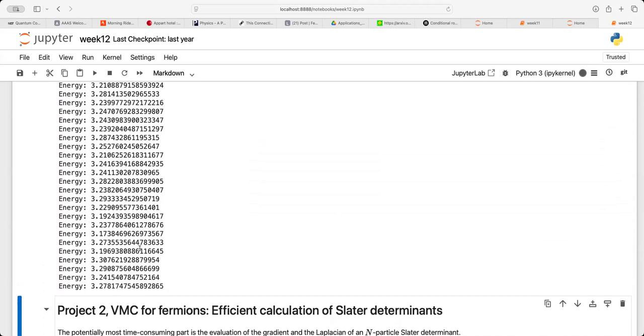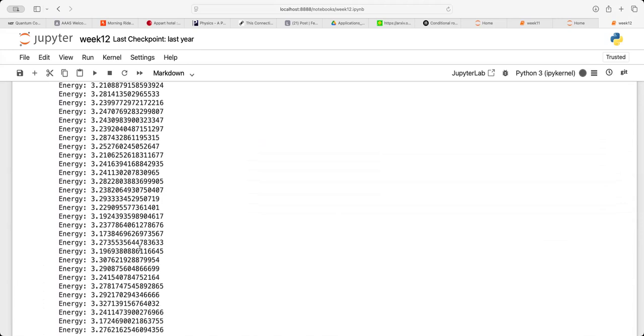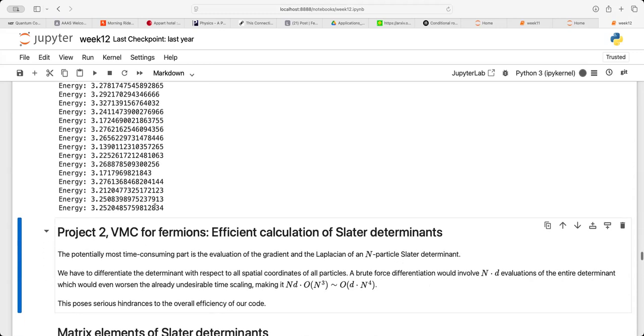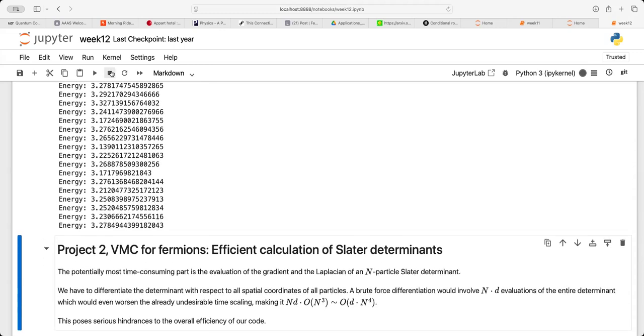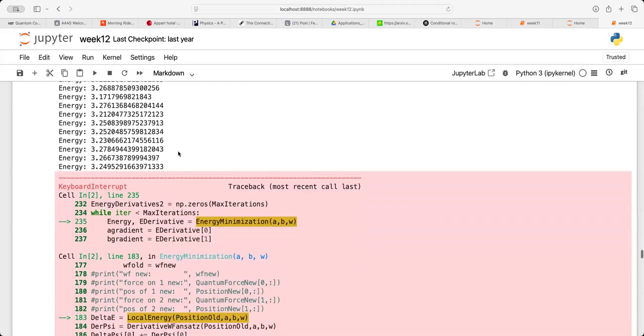But due to the Gaussian binary, I have a wave function which is essentially harmonic oscillator times some crap. And then I'm almost spot on. But since I don't have the proper Jastrow factor correlation part, my result here will start oscillating around 3.2 something. And the exact answer is actually 3.0.